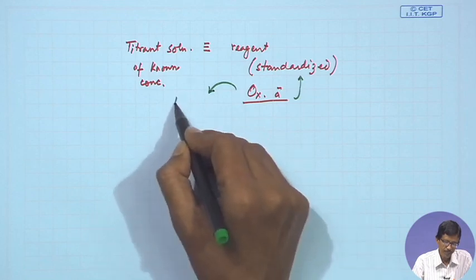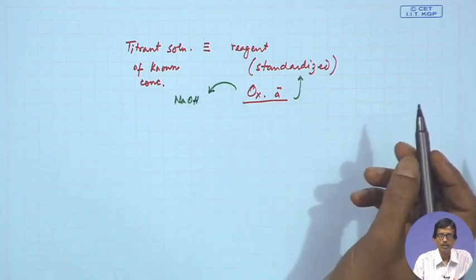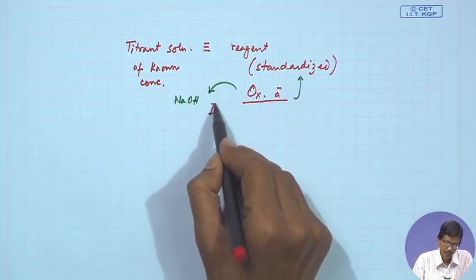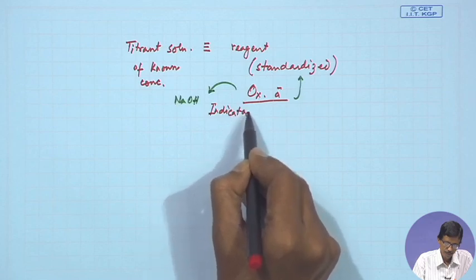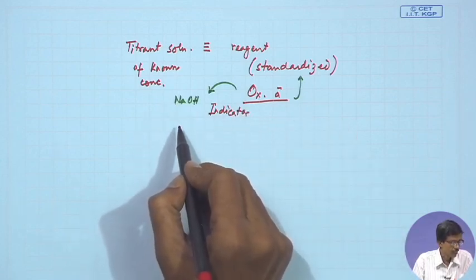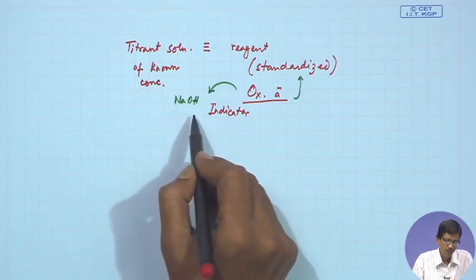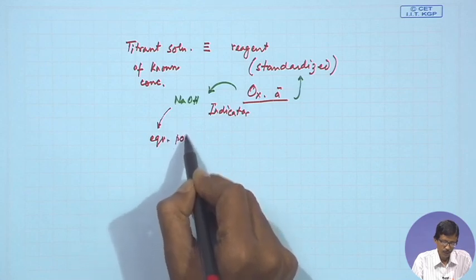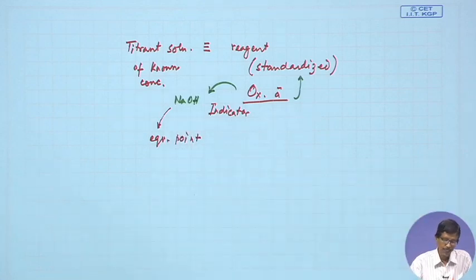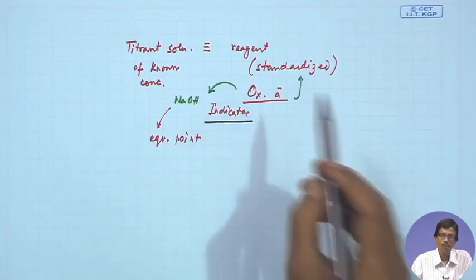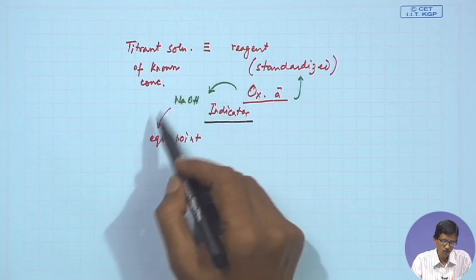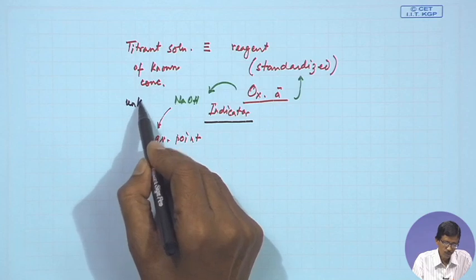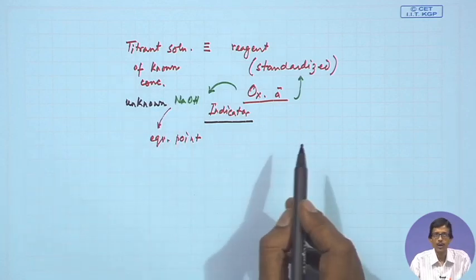oxalic acid can be titrated with sodium hydroxide. And when we titrate this oxalic acid with sodium hydroxide, we use some indicator and we titrate this with the analyte, and with a sufficient rate of reaction we can reach the equivalence point, where the corresponding change in the color of this indicator will occur, and we can find out the corresponding amount of oxalic acid which is consumed by this unknown concentration of sodium hydroxide.